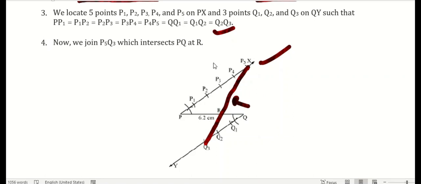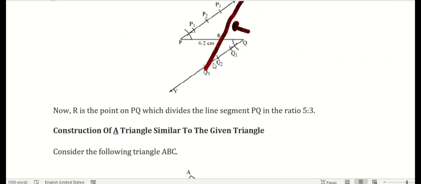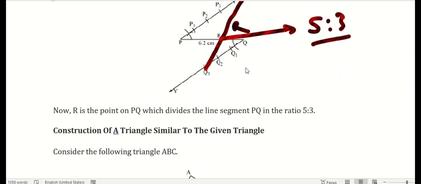So next, now R is the point on PQ which divides the line segment PQ in the 5:3 ratio. Very easy to draw. Okay. So I hope you have understood this one.